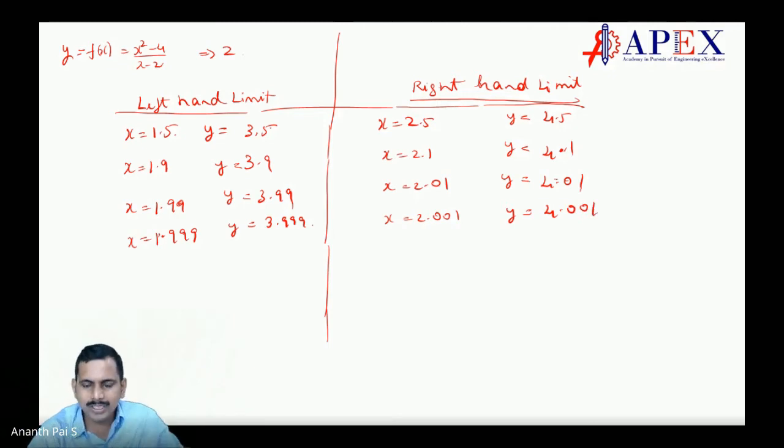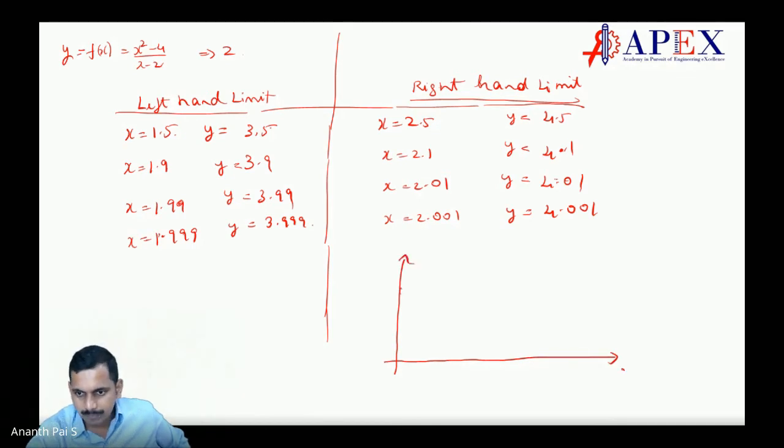So what is happening is, say this is a curve here, this is the x and y. As I approach x is equal to 2 from left hand side, and then from right hand side, you get the value of y approaching this 4. So from left hand limit it approaches this point, and from here it approaches like this, correct?